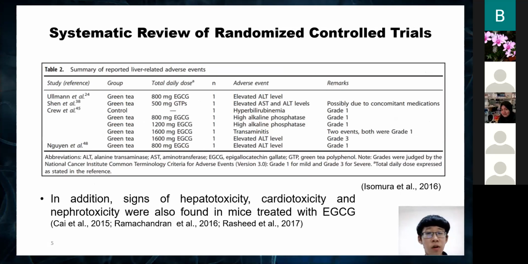A systemic review of 34 randomized controlled trials has concluded that high concentration of green tea and EGCG consumption leads to elevated serum liver damage biomarkers. In addition, other than signs of hepatotoxicity, signs of cardiotoxicity and nephrotoxicity were also found in mice treated with EGCG.